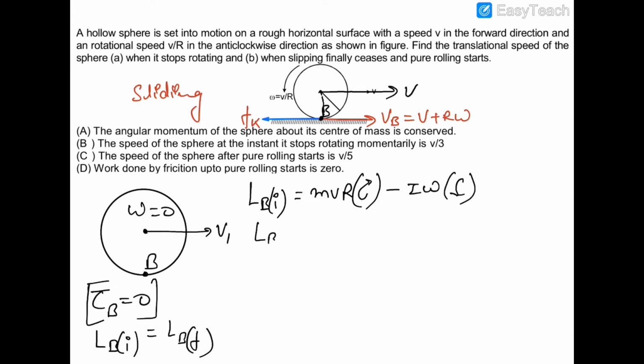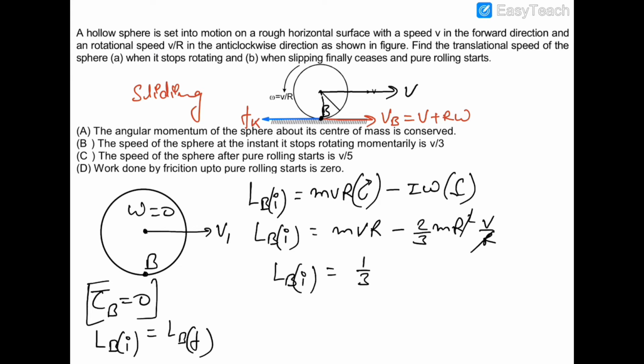So initial angular momentum will be mvr minus I, which is 2 by 3 mr square, times omega, which is v upon r. Cancelling r with r, the initial angular momentum is equal to 1 by 3 mvr.